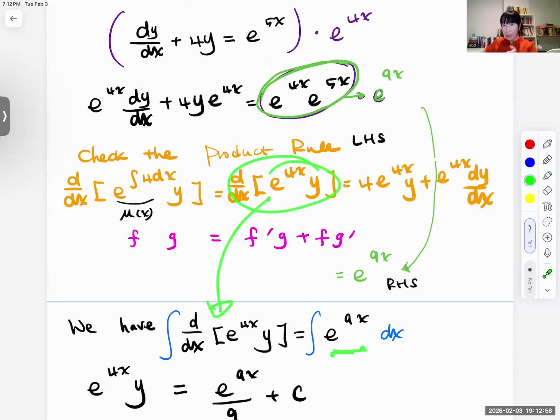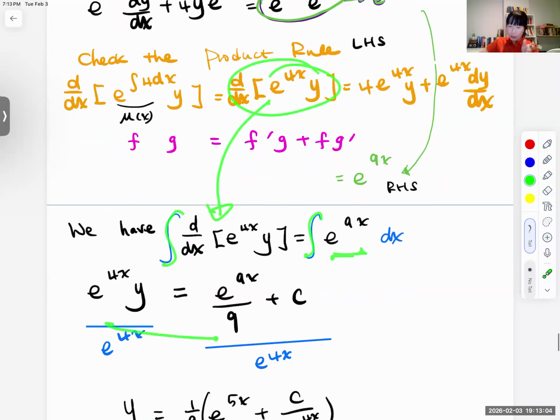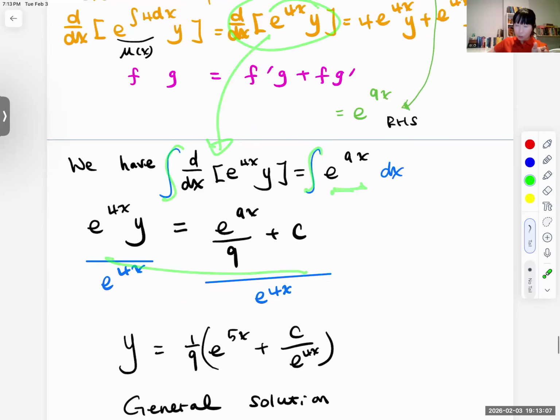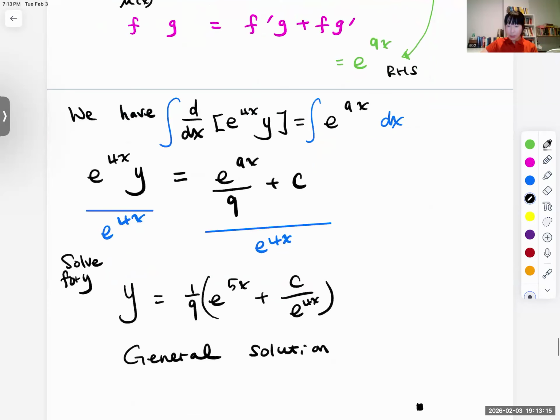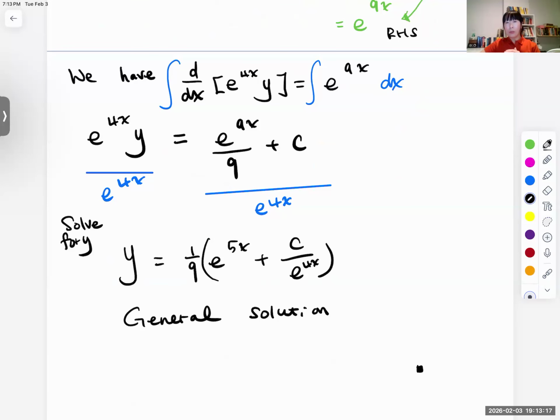And then e to the 9x, right hand side, and then we take the integral of both sides, then we get this. Now we solve for y, right? Then we get the general solution here, right? Okay, so this concept, this method, we're gonna do that right now, okay?